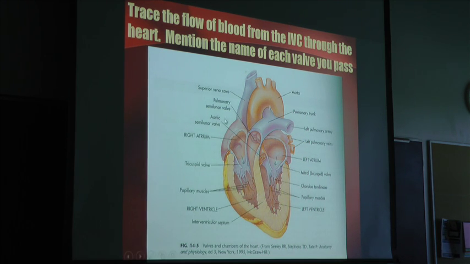So you're in the inferior vena cava. Where do you go? Right atrium. Into the right atrium. Then the tricuspid valve. Into the right ventricle. Into the pulmonary valve. Into the pulmonary arteries. Up to the lungs, the pulmonary circulation. And then the pulmonary veins. Then the left atrium.